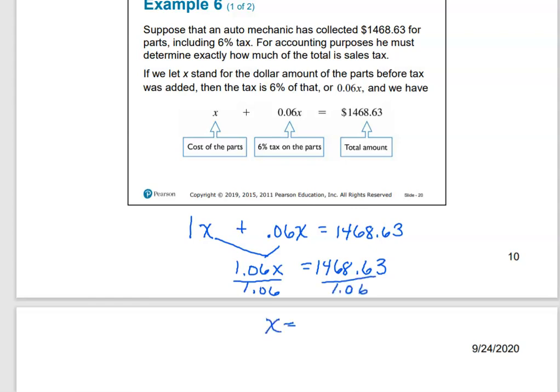And so this should give us the cost of the parts, because x stands for the cost of the parts, so we would do 1468.63 divided by 1.06. Okay, and we're going to get $1,385.50. So before the 6% sales tax, that's what the cost of the parts were.